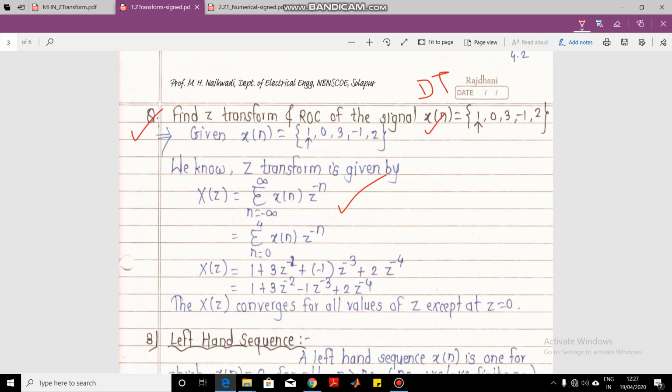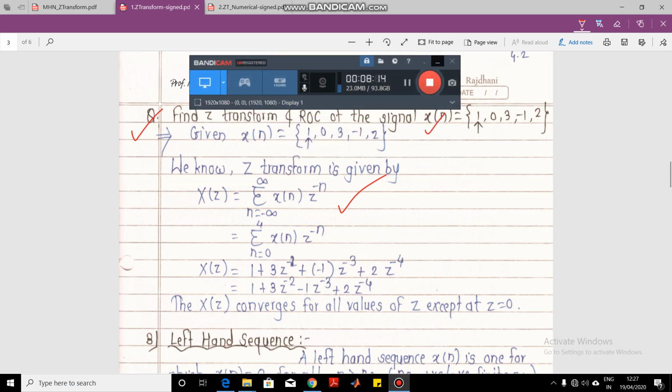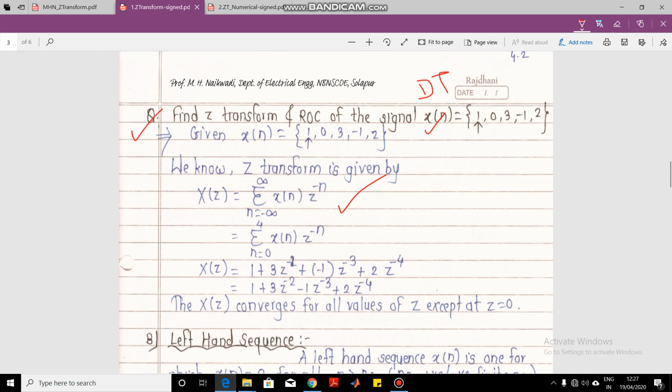The discrete time signal is given like this: 1, 0, 3, minus 1 and 2. Now we have to find the Z transform of this x of n. How do you find it? I substitute this x of n in my formula and expand it. The sum runs from n equal to 0 to 4, because this is 0, this is 1, 2, 3 and 4.